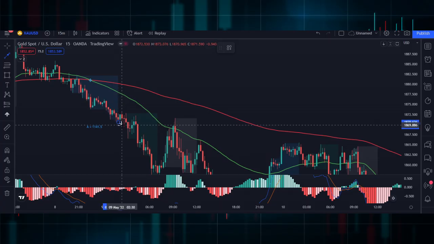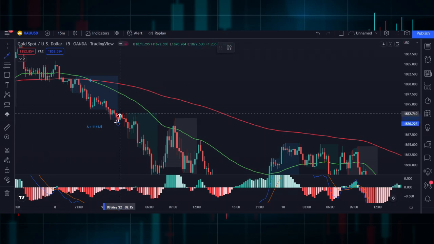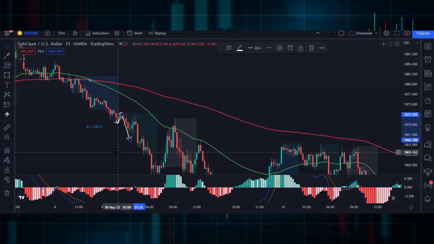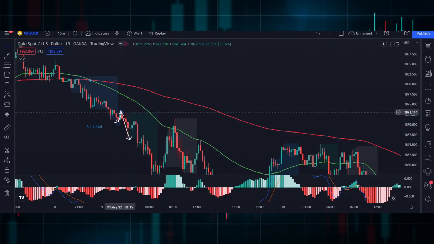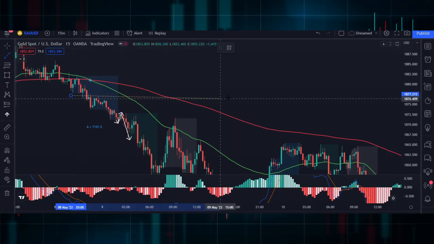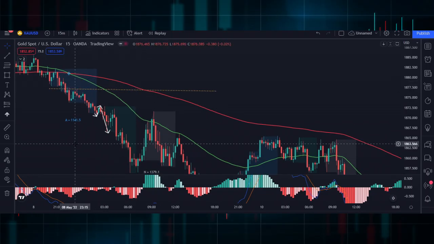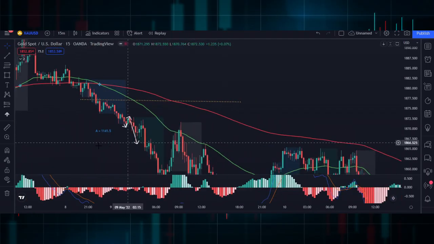Price went kind of below it, then went up, and then came down. But this did not come anywhere close to the middle of the Asian box, which would have been all the way up here. So on this day, we would have had no trade. So let's mark that down as no trade.